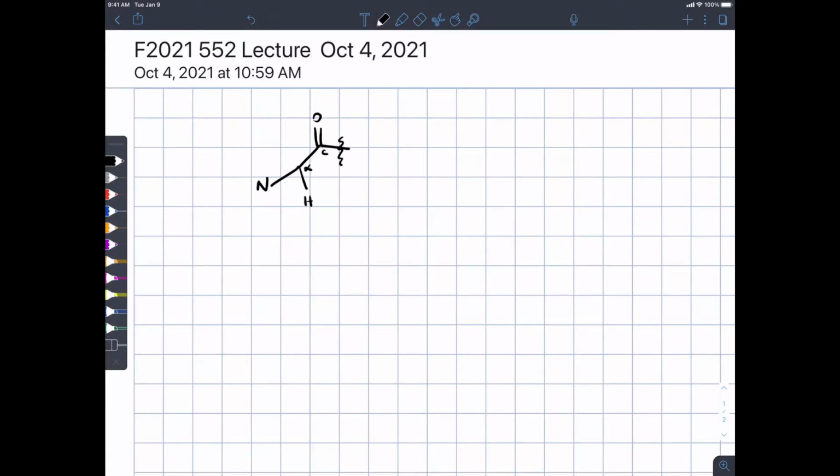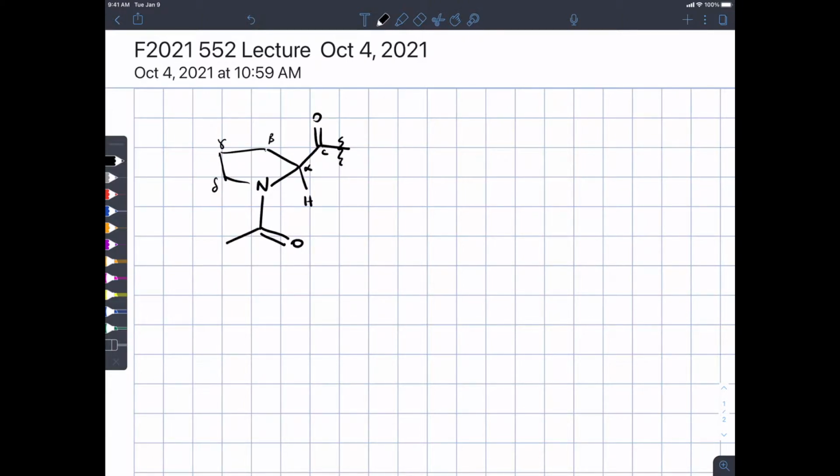Alpha, carbonyl carbon, nitrogen, and then that nitrogen is itself attached to the next amino acid. And then alpha carbon goes to beta, which goes to gamma, and we won't worry about it for now. We'll just draw a flat 5-membered ring, even though that's not actually how it is, gamma and delta.